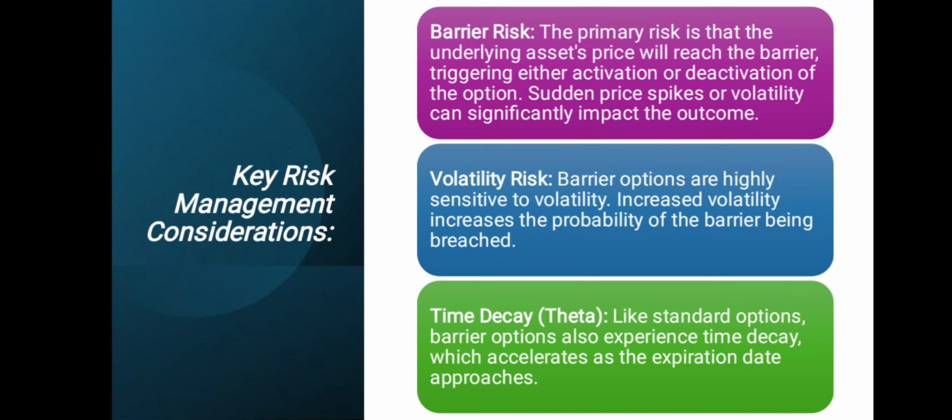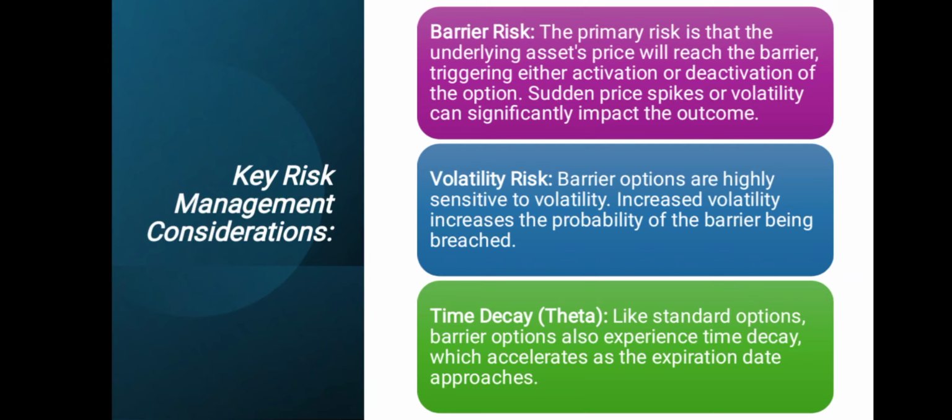There are various factors in the environment which affect the price of the underlying asset, and the underlying asset price affects the barrier option directly. So this is the first risk, the risk associated with the underlying asset price, which will reach the barrier and either activate or deactivate the option, as discussed earlier, knock-in and knockout.